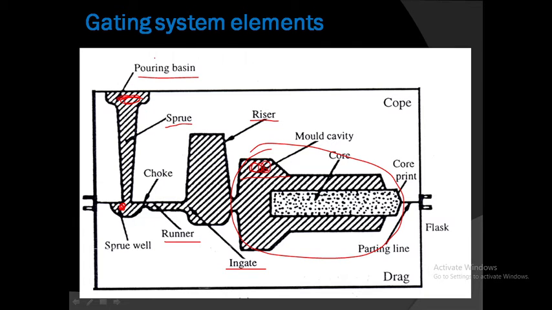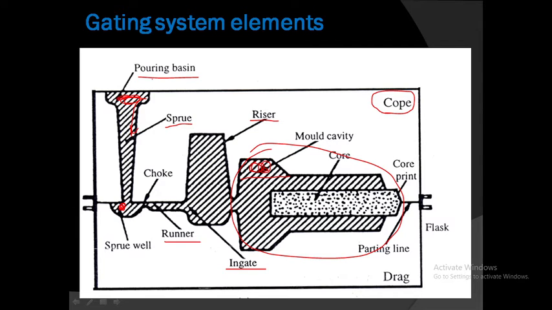The pouring basin should be large enough to receive the metal poured from the ladle and allow it to flow smoothly into the sprue. Most of the time the pouring basin is cut in the cope portion of the mold.